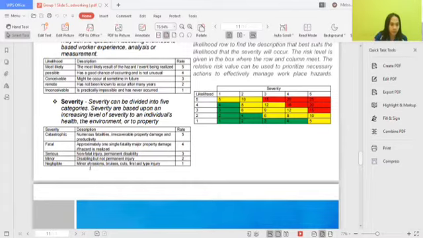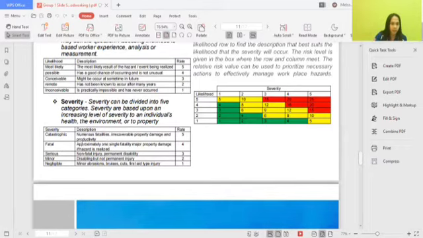Level two is minor, disabling but not permanent injury. And level three is serious, non-fatal injury, permanent disability. And level four is fatal, approximately one single fatality, major property damage if the hazard is realized.